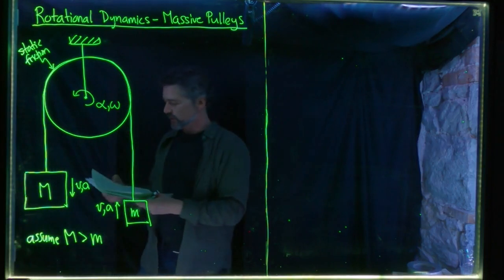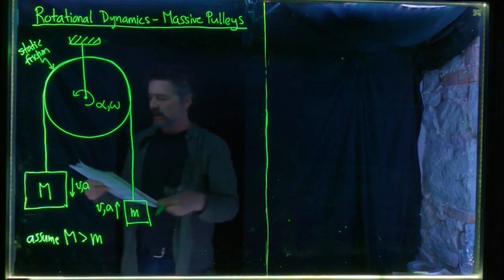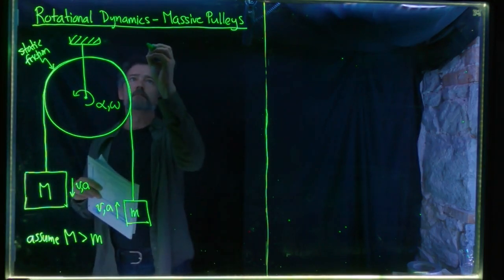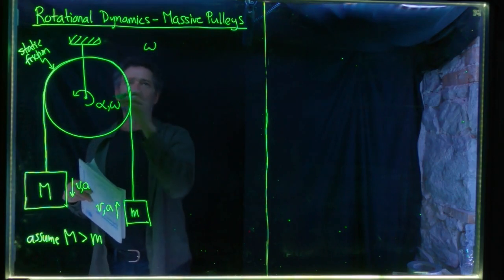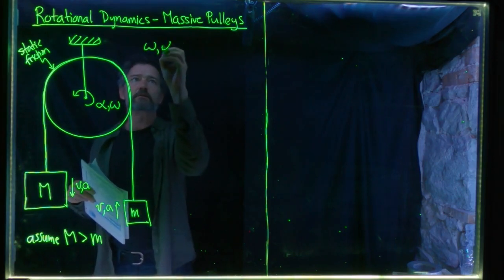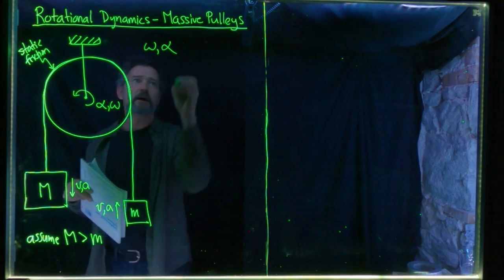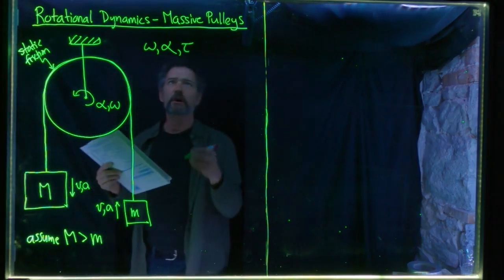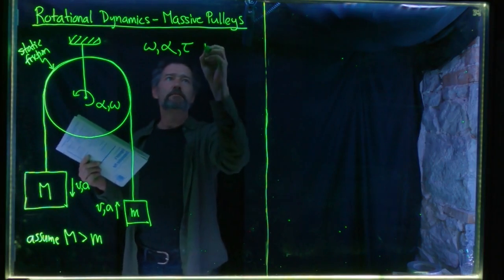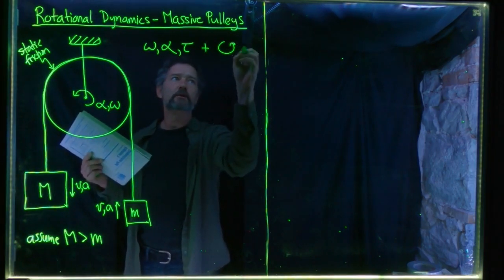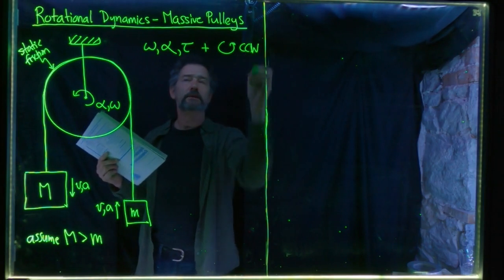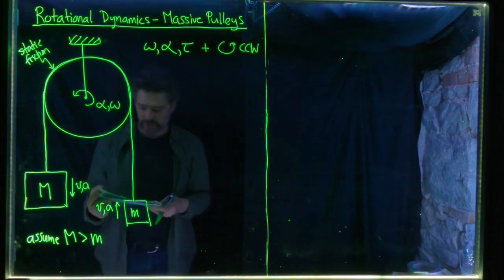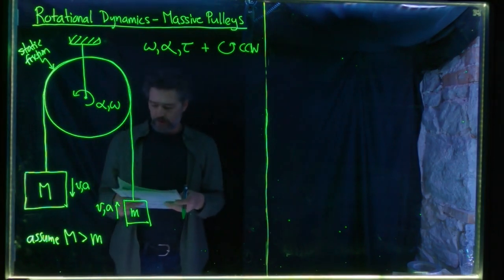What we're going to do is take angular velocities of the pulley, angular acceleration of the pulley, and any torques applied to the pulley, any twisting forces, as positive if they are counterclockwise. So we need to assign a sign convention. Okay? And what else?